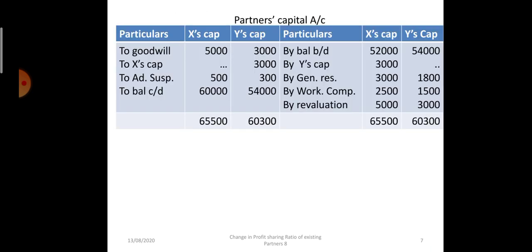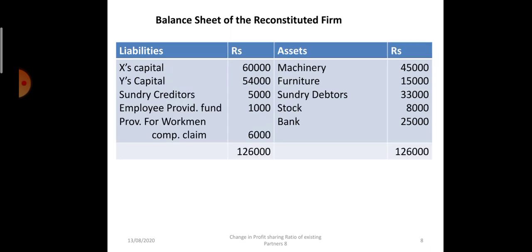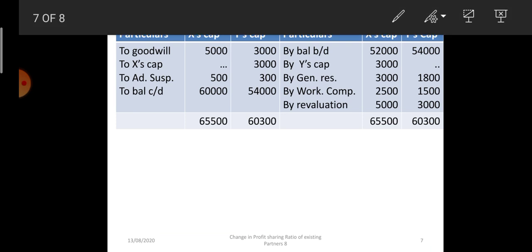Now we will prepare the partners' capital accounts. In the X capital, earlier the balance according to the balance sheet is 52,000 and 54,000 rupees. Then the second entry was regarding goodwill. Goodwill was written off.